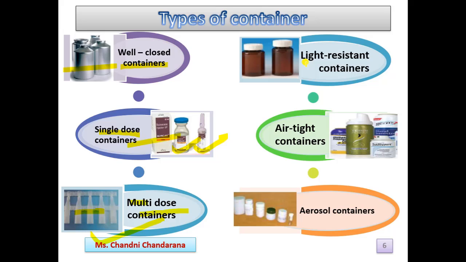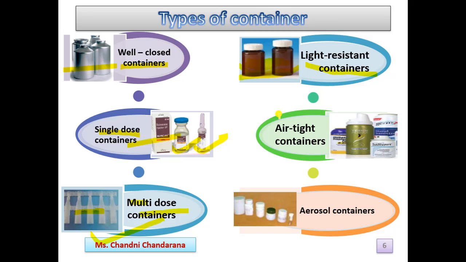Now next is the light resistant container. Here we can see the amber color bottles. Light resistant containers protect the medicament from the harmful effects of light. These are used to store medicaments which are photosensitive.